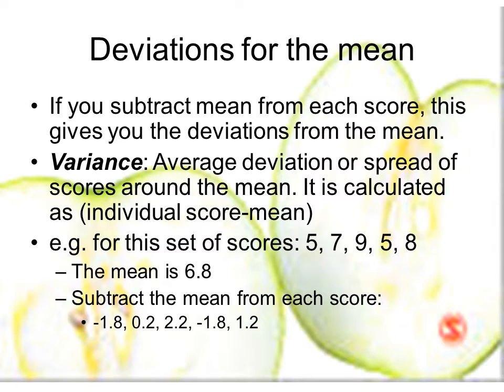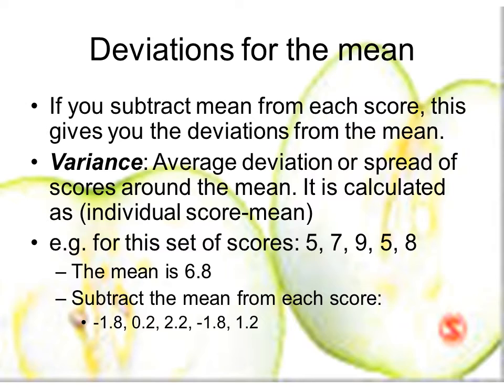So, looking at some deviations from the mean, some things that may give us a little bit of variability. With the mean, if you subtract the mean from each score, this gives you the deviation, meaning what you're going to see isn't actually the mean, but how much that score deviates from the mean.